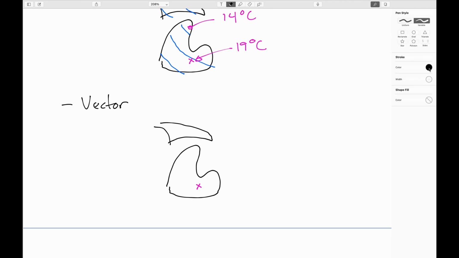The way a physicist would draw a wind chart is at every reporting station, we would draw a vector representing the velocity of the wind there. So the longer the vector, the faster the wind is blowing at that location, and the direction of the vector arrow indicates the direction the wind is blowing.